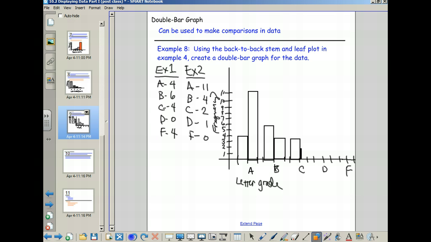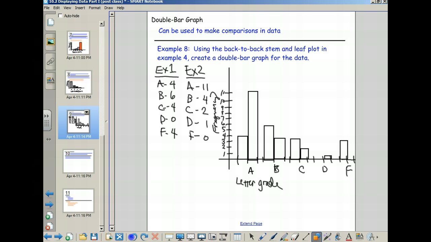More time. There we go. So first test D's was 0, but second test D's was 1. It's a very small one. First test F was 4. I told you 4 is my most popular number. And the second test had 0 F's.